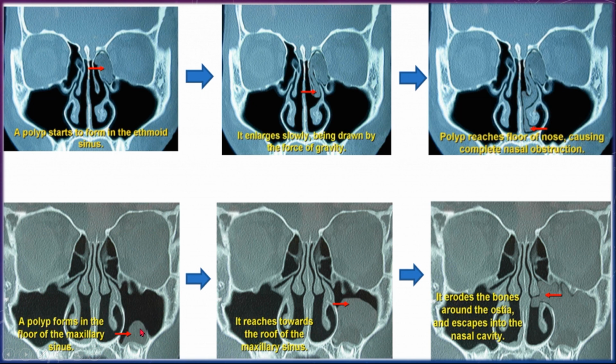As you can see, it grows from the maxillary sinus, reaches towards the roof, and comes out of the ostia. It erodes the bone around the ostia and escapes into the nasal cavity. As you can see, it fills the left maxillary sinus completely and comes out of the ostia. These three pictures show how an antrochoanal polyp progresses, and these three show how bilateral ethmoidal polyps progress.